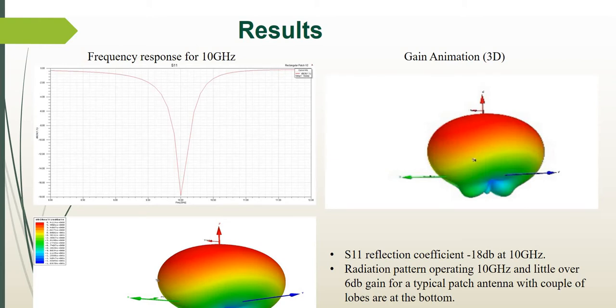Overall the gain was very good for 10 gigahertz, a little over 6 dB, which is typical for a patch antenna, like 6 to 7 dB, so it is not bad.